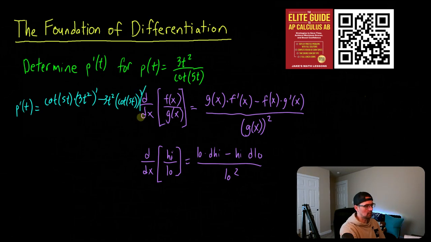Sorry, we're mixing stuff up here. I want to keep that separate. All over low squared, so cotangent of 5t squared.